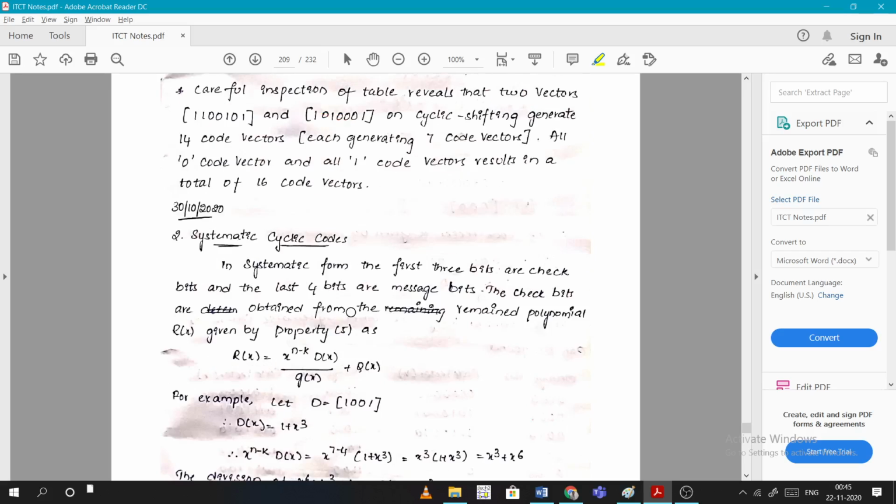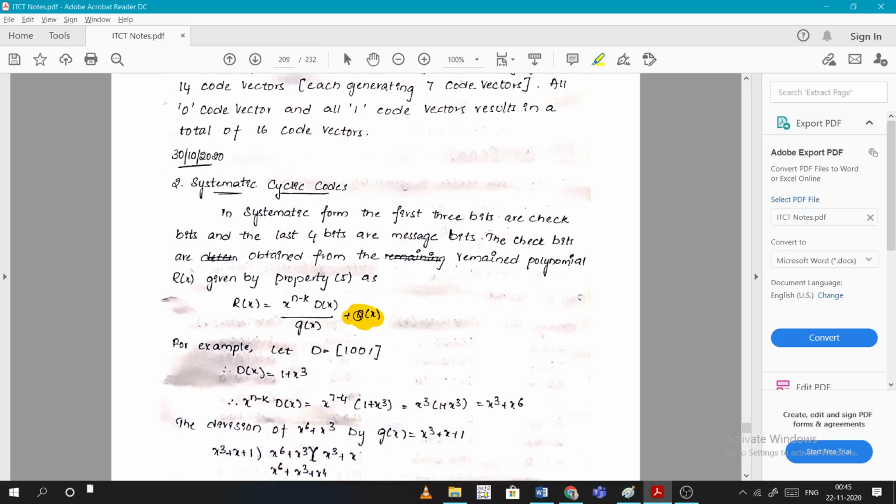So let's try the systematic form. This is the formula for a reminder: R of x equals x power n minus k into d of x divided by g of x. Here d is given as 1001, so the polynomial is 1 plus x cube. We multiply this with x power n minus k, that is x power 7 minus 4, that is x cube.